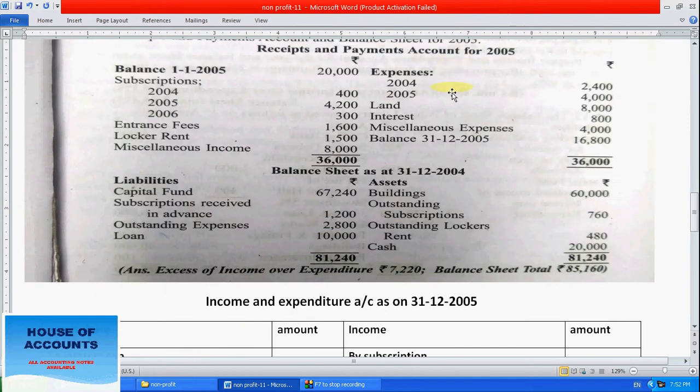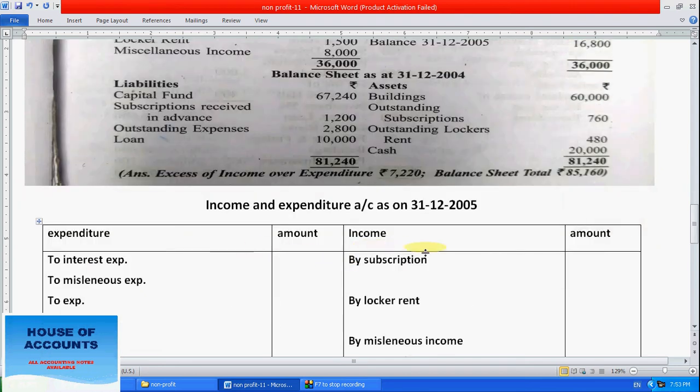Here, expenses. Presently, how much are the expenses? 4,000, only current expense. The income and expenditure account is also known as the profit and loss account. We have the profit for the current year. If you want to know the exact profit, take only current year entries.